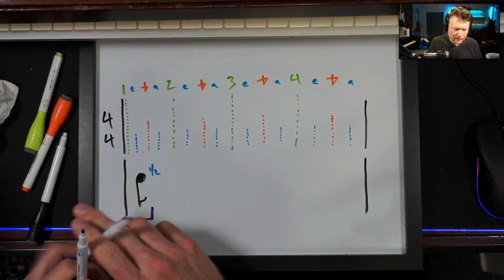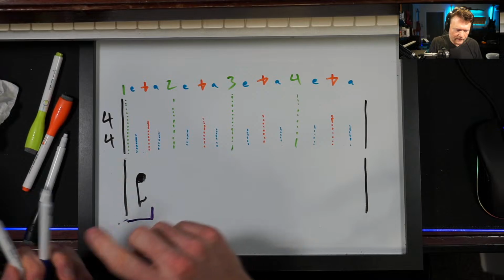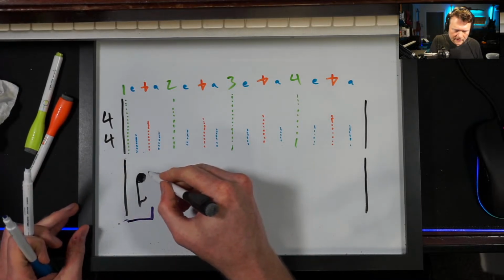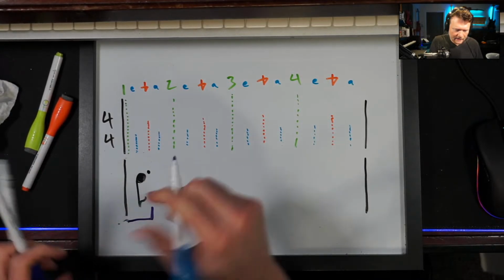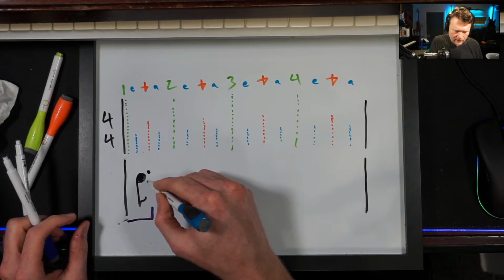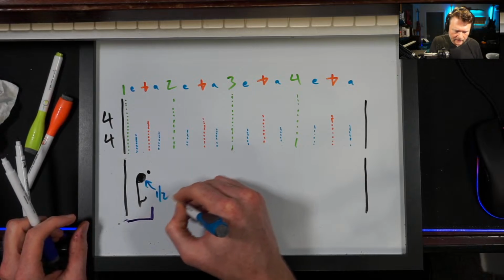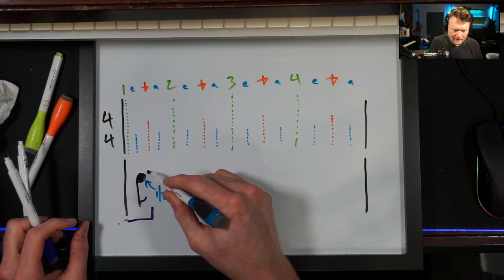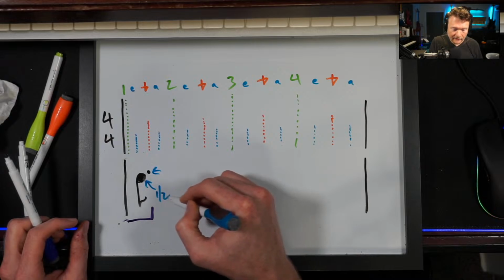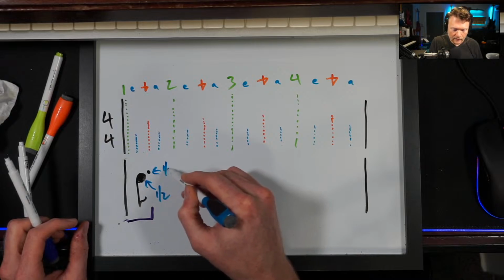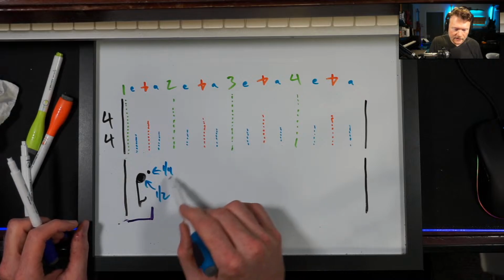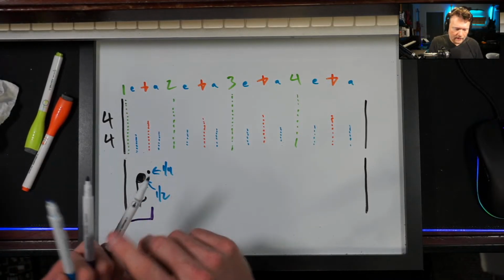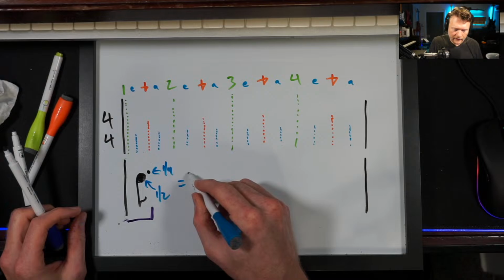So if I put a dot on this, then essentially what I'm saying is I've got this guy, which is worth a half a beat, and this dot is worth half of what it's attached to. What's half of a half? A quarter. So together it's worth 3/4 of a beat.